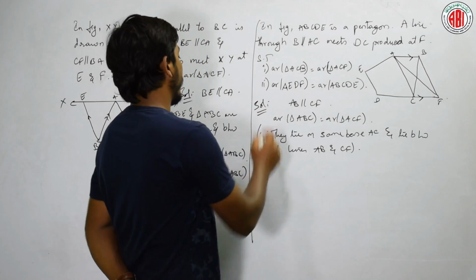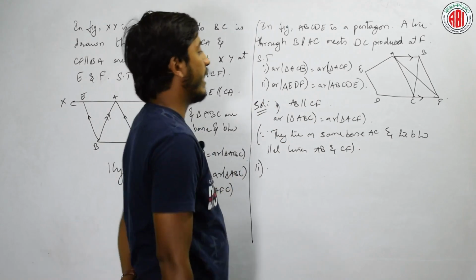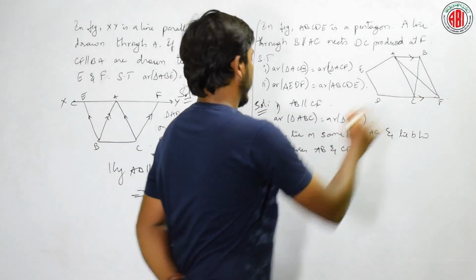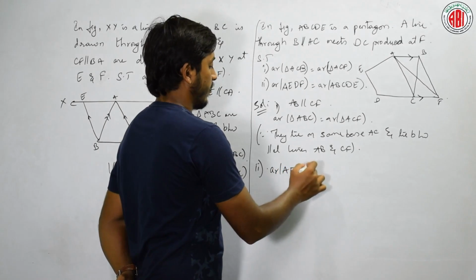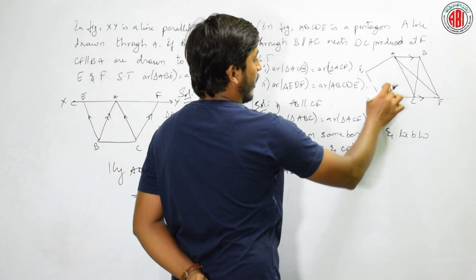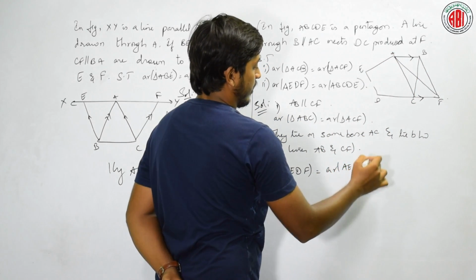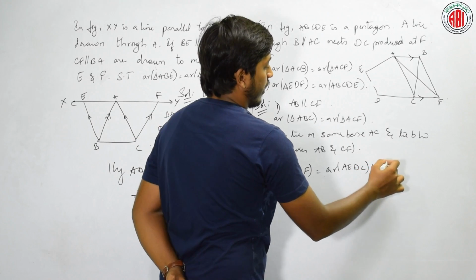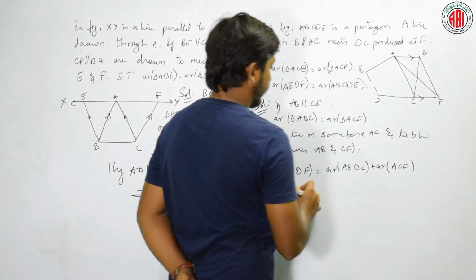And the next second proof, what did they ask? Area of AEDF, just write it. Can I divide AEDF into AEDC, area of AEDC plus area of ACF, right?